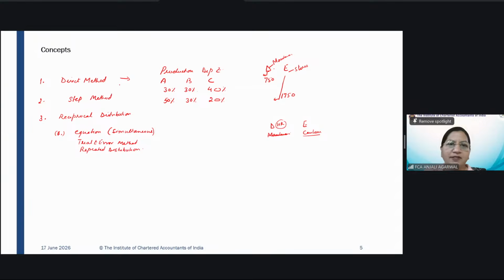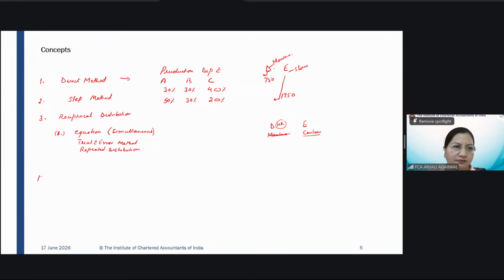So in the direct method, the expenses of D and E will go to A, B, C only. In the step method, the expenses of E will go to A, B, C, D and the expenses of D will go to A, B, C. And in reciprocal, D will take the benefit of E, E will take the benefit of D. So this you can solve using either simultaneous equation, trial and error method, or repeated distribution.